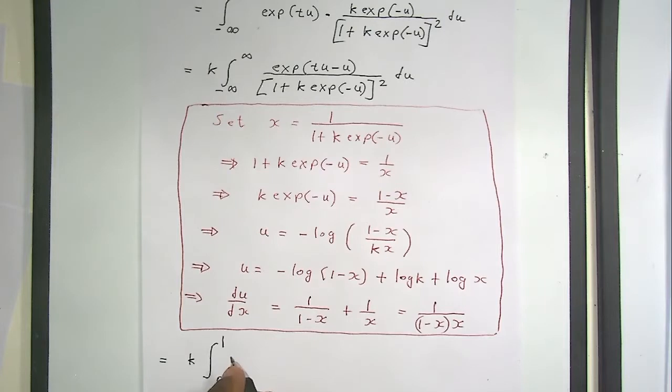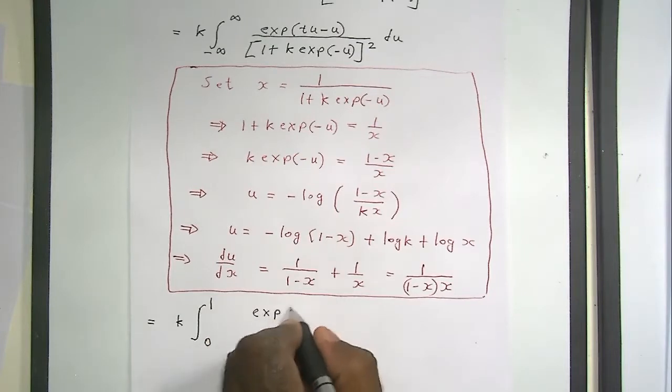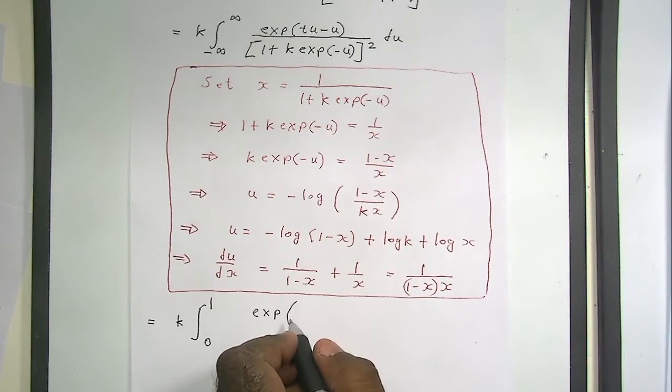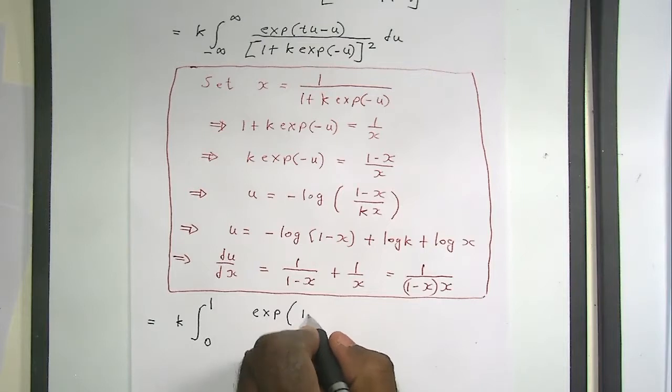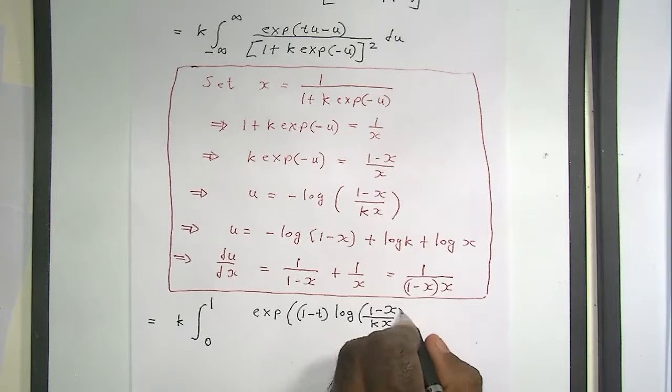So you substitute: exponential of t minus 1, or 1 minus t, times log of 1 minus x, divided by kx, right?